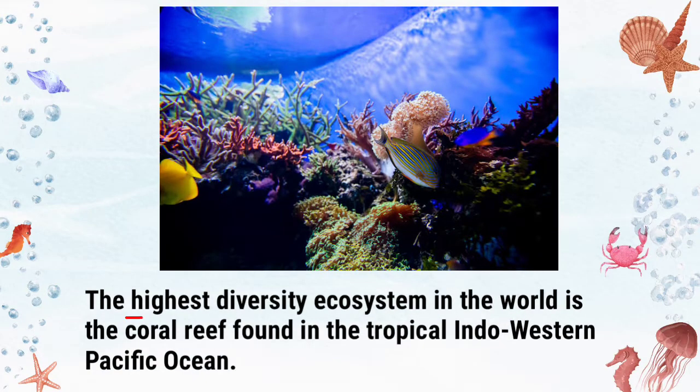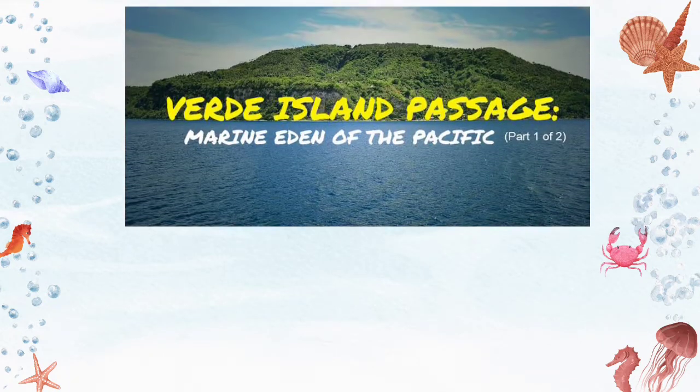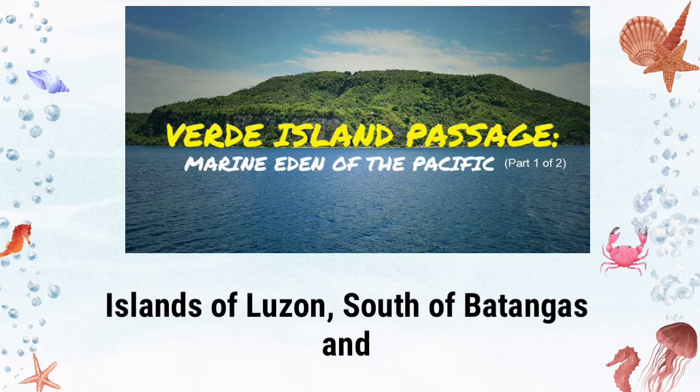The highest diversity ecosystem in the world is the coral reef found in the tropical Indo-Western Pacific Ocean together with tropical rainforest. In the Philippines, the Verde Island Passage found between the islands of Luzon, south of Batangas, and Mindoro is where plenty of coral species can be found.